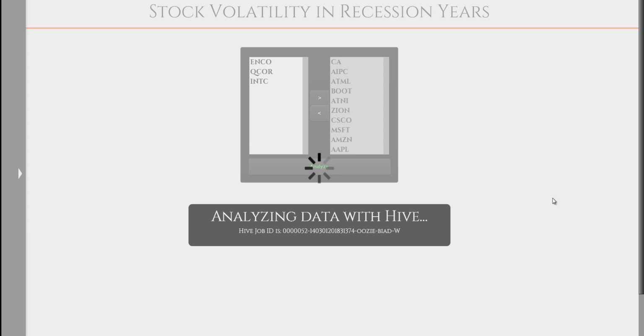The recession analysis is done via a couple of Hadoop jobs, a Pig job, an example of which we looked at earlier in the demo, and a Hive job. Hive is a SQL-like query language for Hadoop and is very useful for leveraging existing SQL skill sets in your organization.